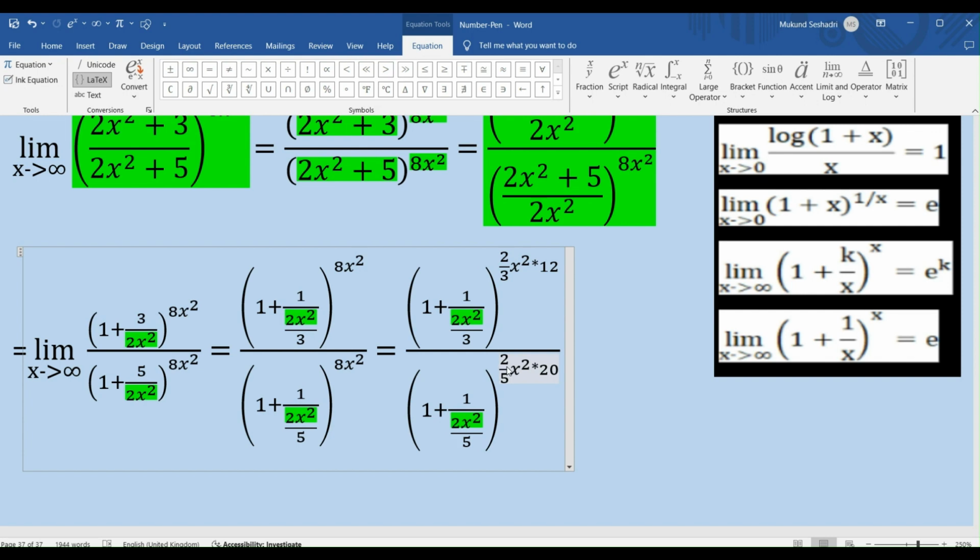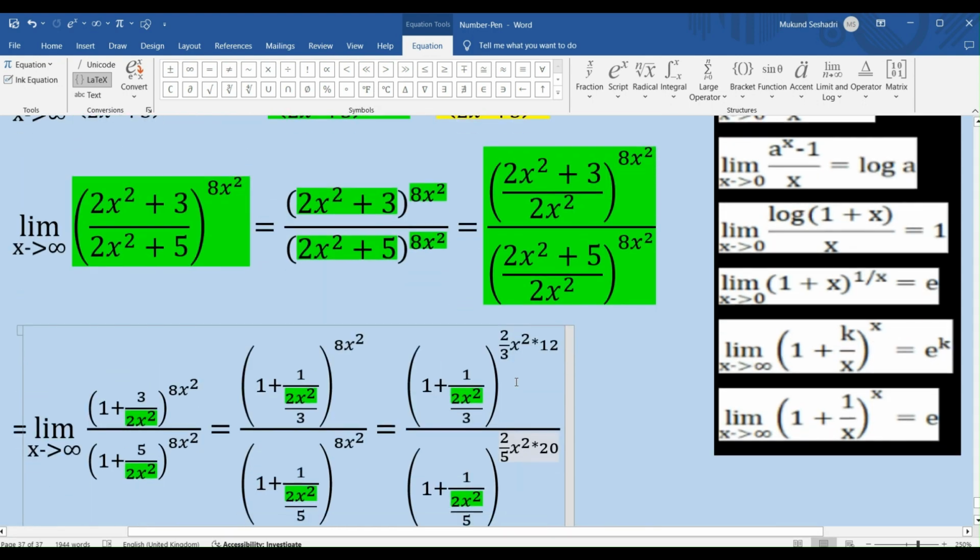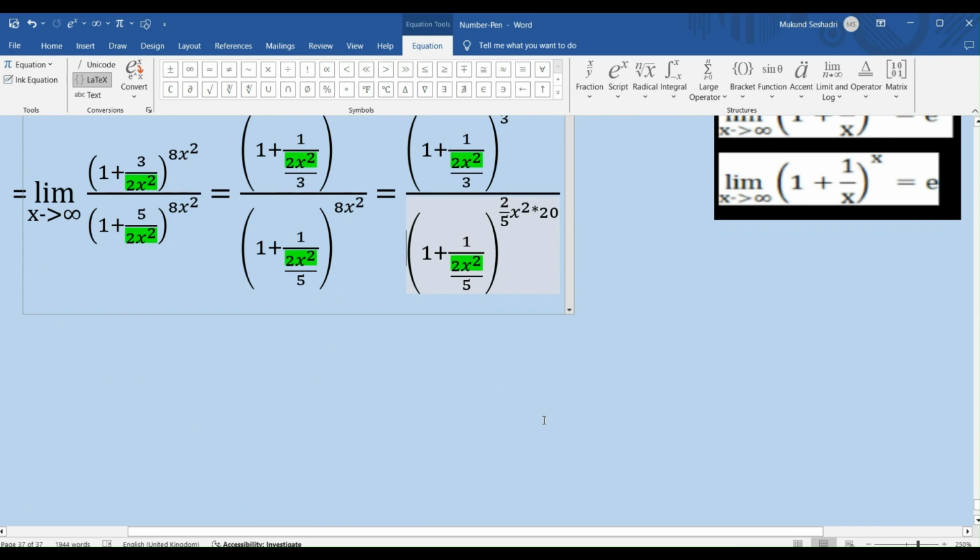It's just another form of writing this out in a manner that connects it with the last formula on your screen, limit x tending to infinity, (1 + 1/x)^x equals e. So if x tends to infinity, then my 2x²/3 also tends to infinity, right? So I can still rearrange this. Let's move to the next line.